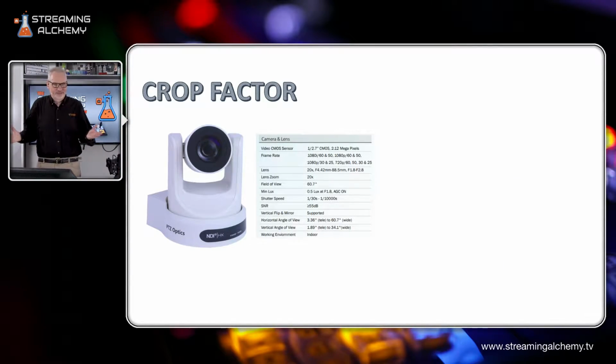Now, the other element, this is an interesting one, and it's really important to understand because otherwise it can get very confusing when you look at cameras and what their lenses are actually going to deliver. When we've talked about focal length, we also talked about field of view. What the crop factor is, though, is a way to look at field of view for different sensor sizes.